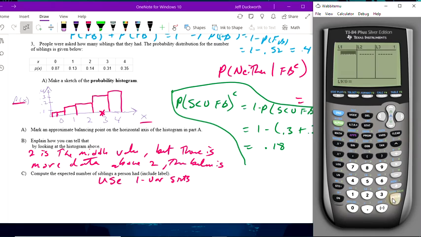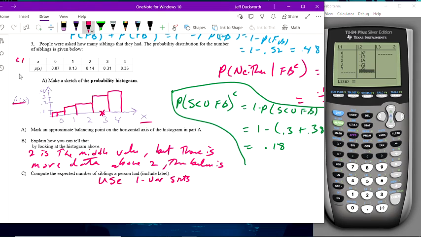Clear and enter. Now we just need to enter the values. So 0, 1, 2, 3, and 4 are my x values, then 0.07 and so forth.